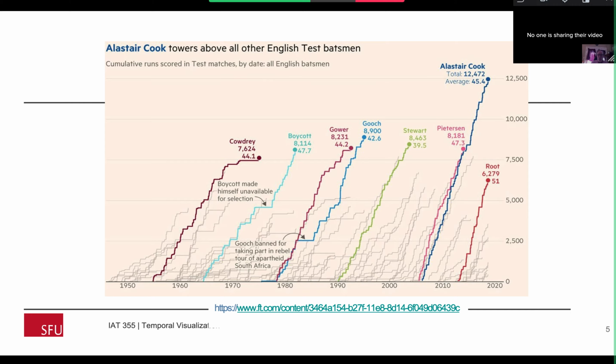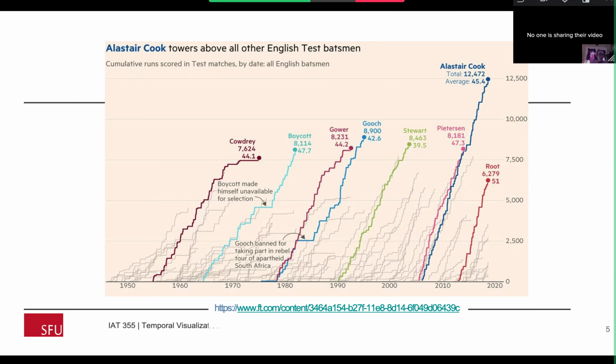This is a visualization of cricketers. I know, pretty thrilling. At English Test matches, that's championship matches of the game of cricket, it names the individual players who are swinging the bat on the cricket pitch, and indicates the number of runs that they have scored essentially throughout their entire career. And what they're saying here is this guy Alistair Cook is the best batsman ever for whatever reason.